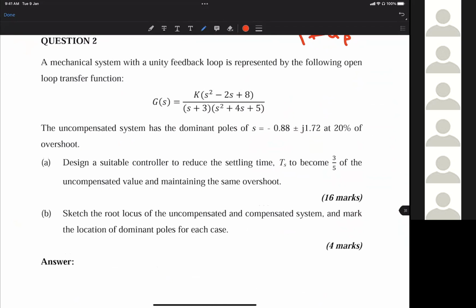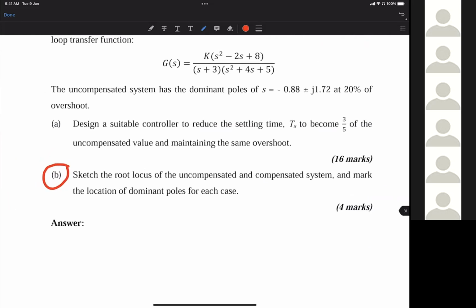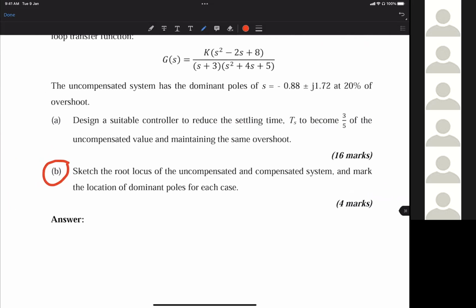Question A, design a suitable controller to reduce the settling time, Ts, to 3/5 of the uncompensated value while maintaining the same overshoot. Question B, sketch the root locus of the uncompensated and compensated system and mark the location of dominant poles for each case.